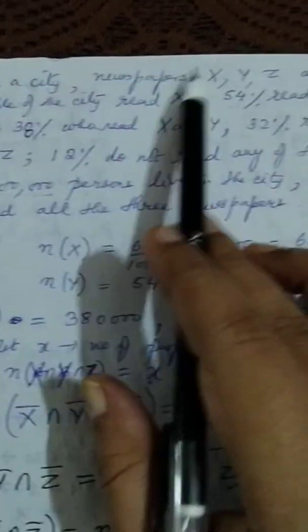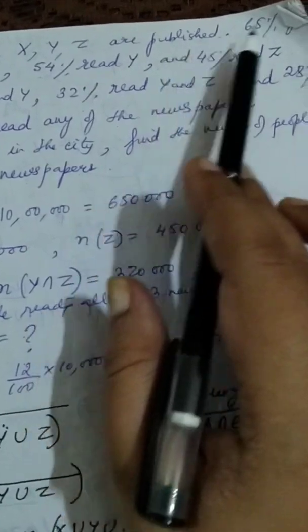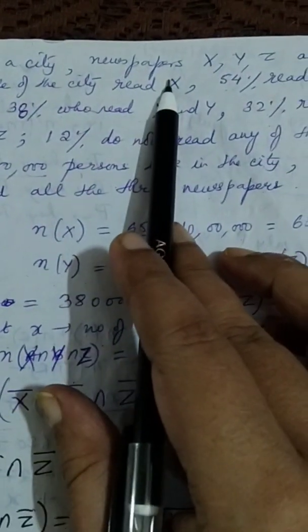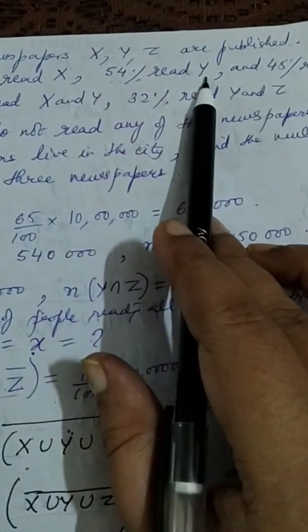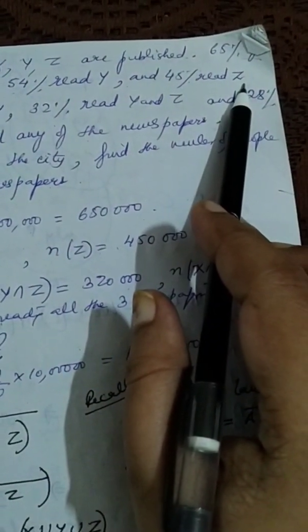In a city, newspapers X, Y, Z are published. 65% of the people of the city read X, 54% read Y, 45% read Z. Okay.